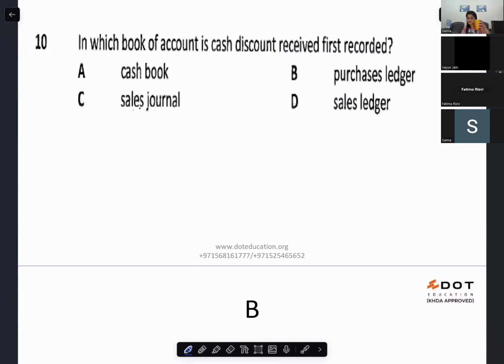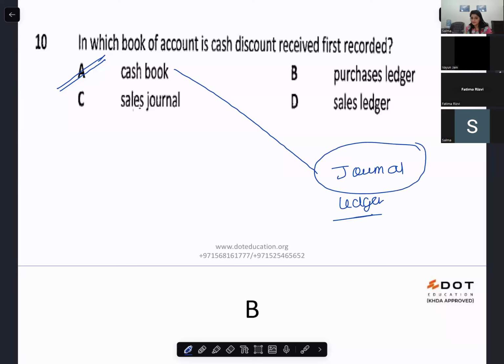Question 10. In which book of account is cash discount received first recorded? It'll be in the cash book. Why? Because the cash book is both a journal as well as a ledger. Whenever a transaction happens, it is always first recorded in a journal.